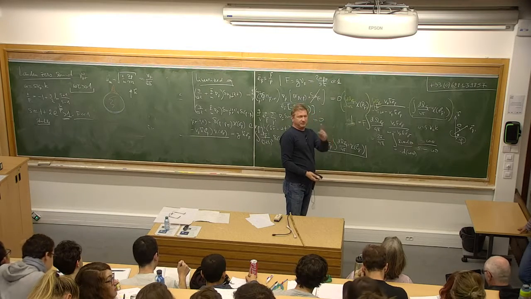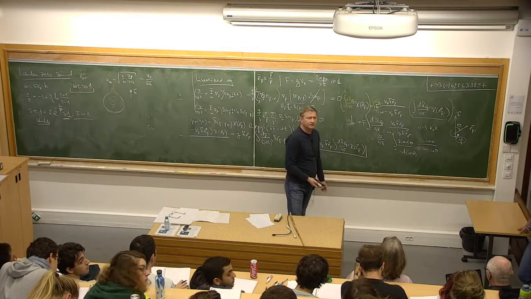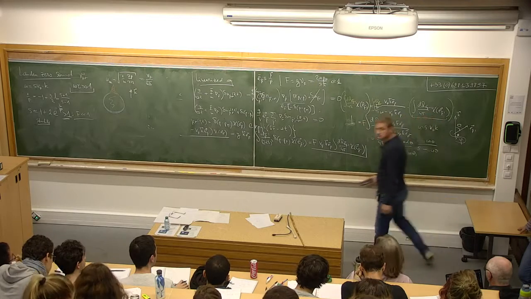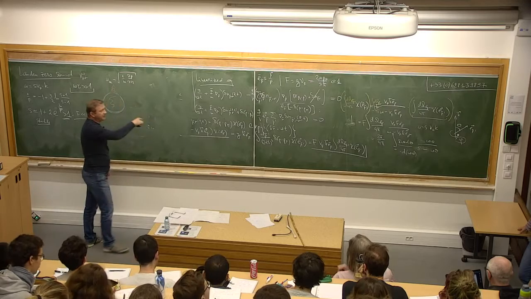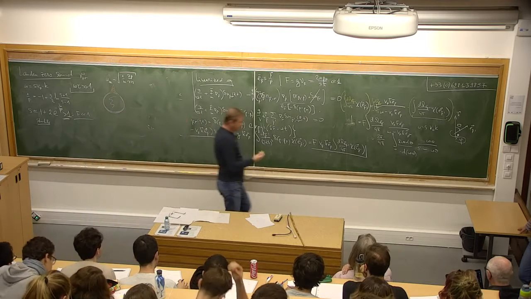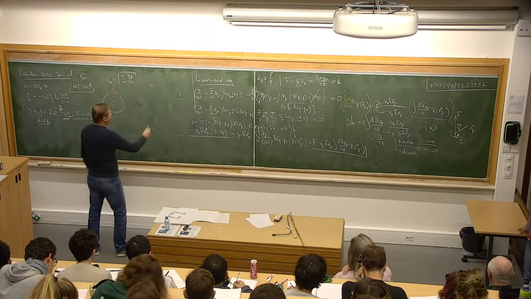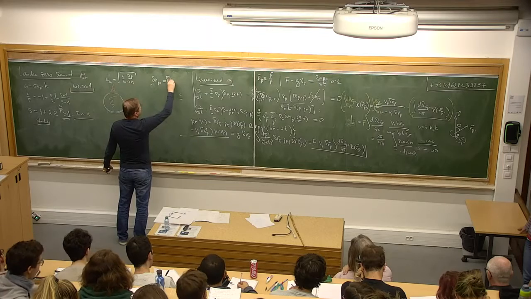If it's a technical question, maybe ask afterwards. What's a physical system where you could see that zero sound? Helium-3. There you can have even more. It's a more complicated system. There you can have different branches. Sorry, I didn't mention here that in this case you can only have modes where these things are in phase.